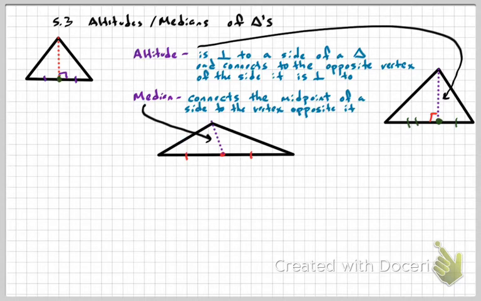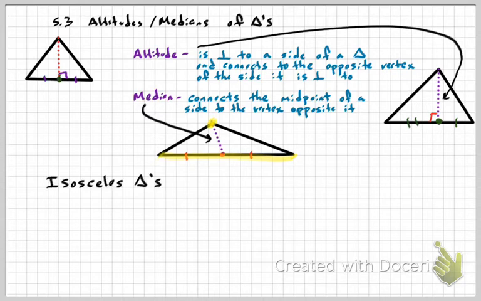So notice that that red dot right there is the midpoint of this yellow side, but obviously that line that connects the red to the opposite vertex is not perpendicular to our yellow side. It's not forming a right angle, okay? So medians are connecting the midpoint to the opposite vertex. Altitudes are perpendicular to a side and connect to the opposite vertex.